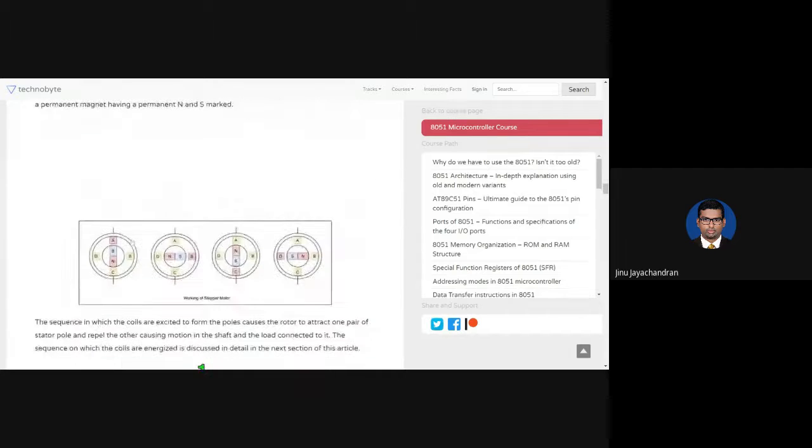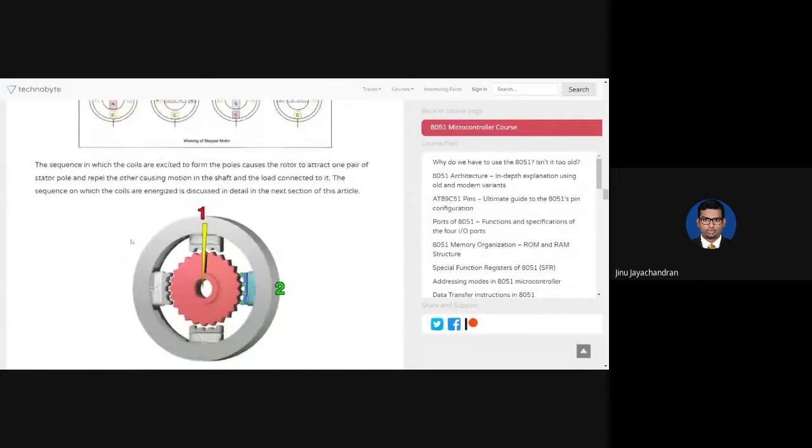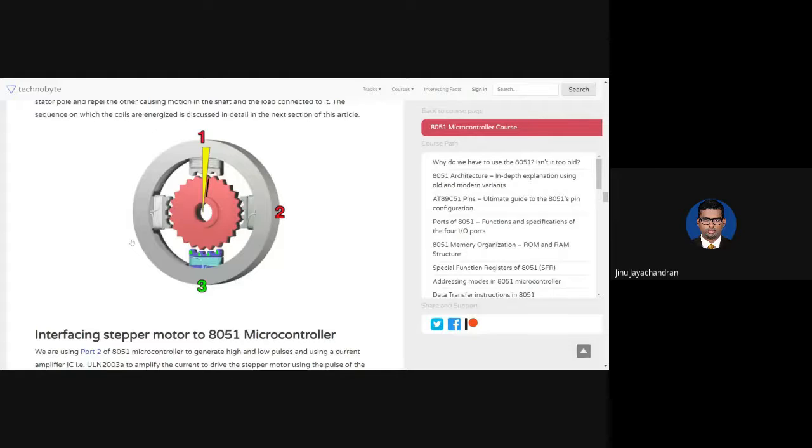So what happens is something like this. I hope you can see this animation. There is a rotor at the middle, which is a geared rotor, and there are 4 electromagnets. When the first one is magnetized, the rotor rotates to the first one.